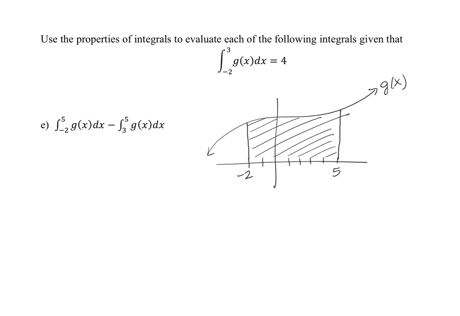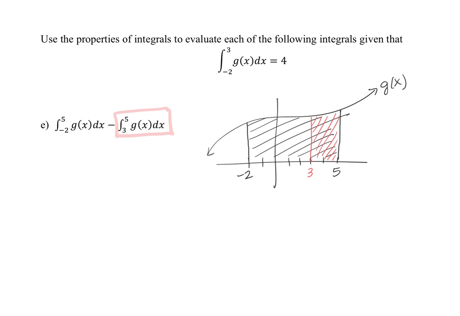But then we're going to subtract off the integral from 3 to 5. So if we look at the region from 3 to 5, that would be this region here. So think of it as the black area, the area of the black region minus the area of the red region.